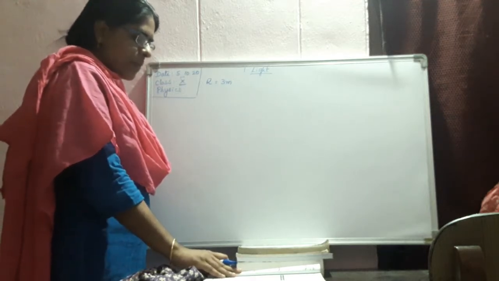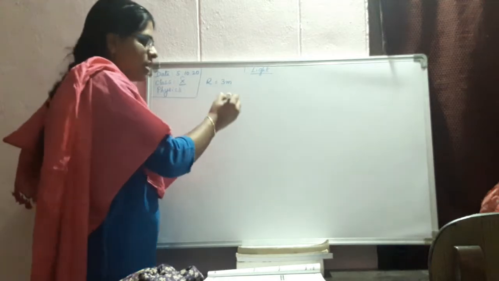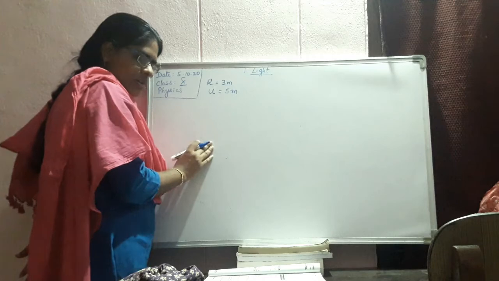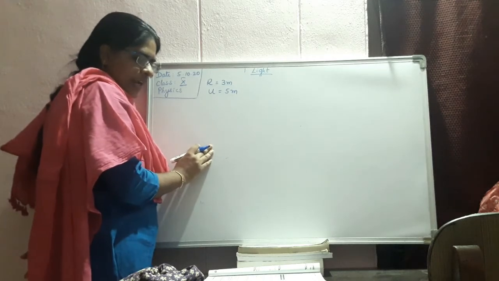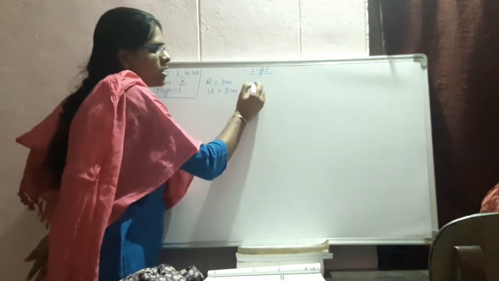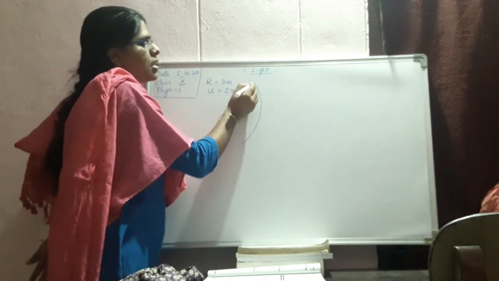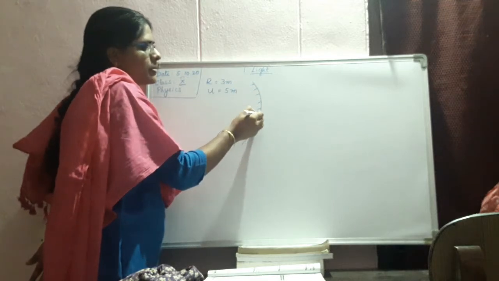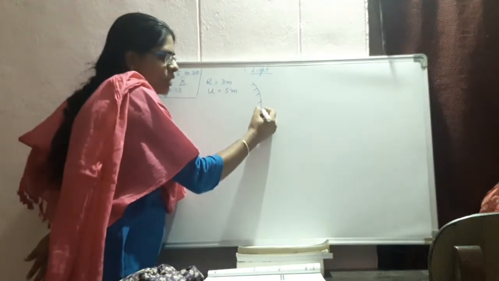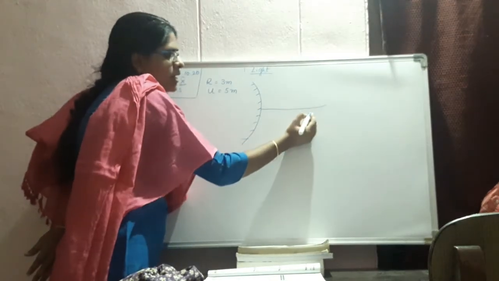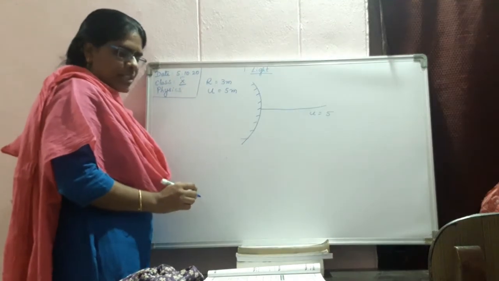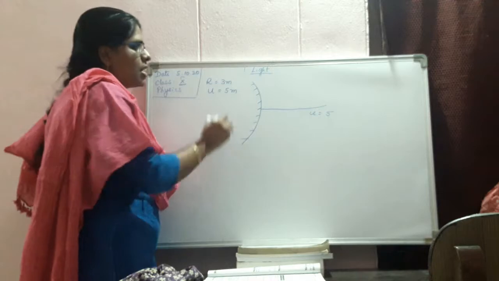If a bus is located at a distance of 5 meters from this mirror, find the position, nature and size of the image. He is saying there is a convex mirror, and a bus located from this mirror at a distance of 5 meters. Object distance is 5 meters.